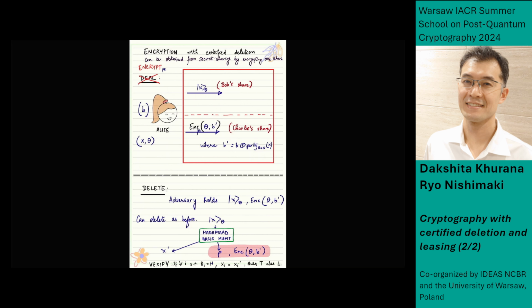So far so good? And the deletion algorithm is basically the same as the deletion algorithm of the secret sharing. We measure the BB84 state in the Hadamard basis, and the resulting information is a certificate of deletion.